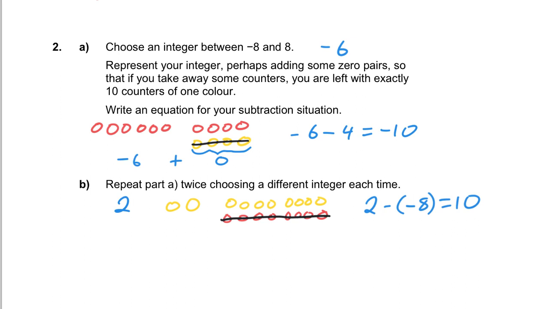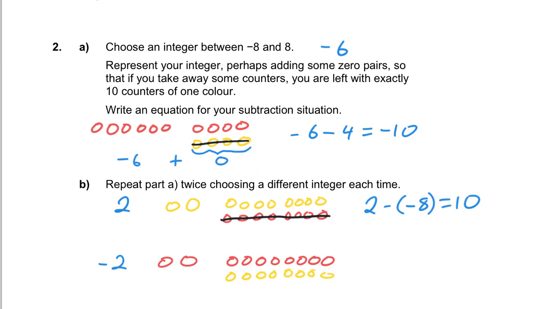Let's do it again this time. Let's do negative 2. Why not? Okay, if we have negative 2, it looks like this. And I want to add 8 0 pairs so that when I subtract a bunch, I will still have 10 of one color. I think that's the right number. Yeah. 1, 2, 3, 4, 5, 6, 7, 8.